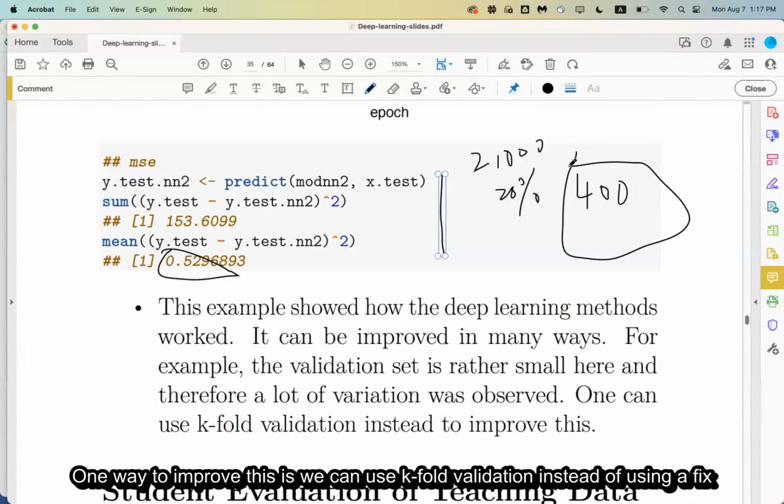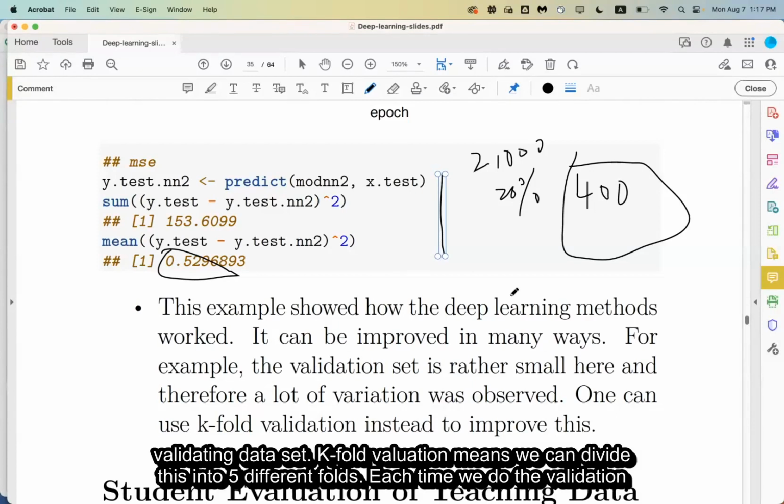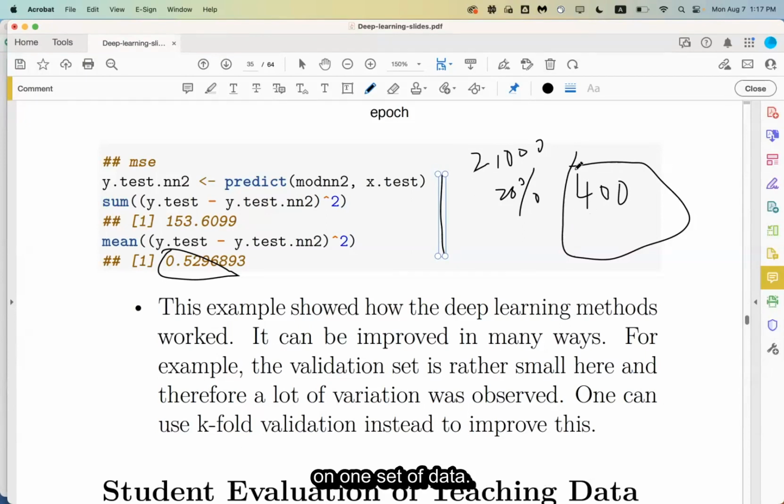One way to improve this is we can use k-fold validation instead of using a fixed validation data set. K-fold validation means we can divide the data into maybe 5 different folds. Each time we do the validation on one fold of data, and the other 4 folds of data we use for parameter estimates.